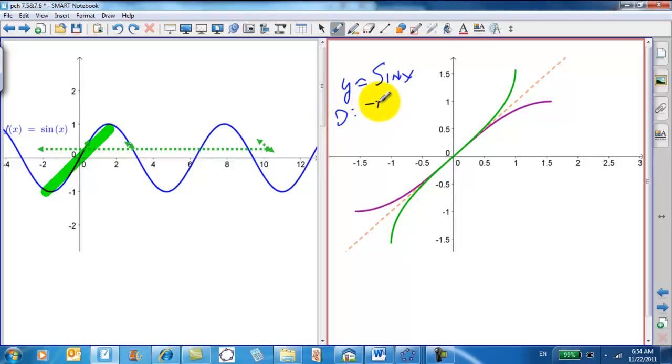Its domain is negative pi over 2 less than or equal to x less than or equal to pi over 2. And we still get the full range of negative 1 to 1 in the y's.